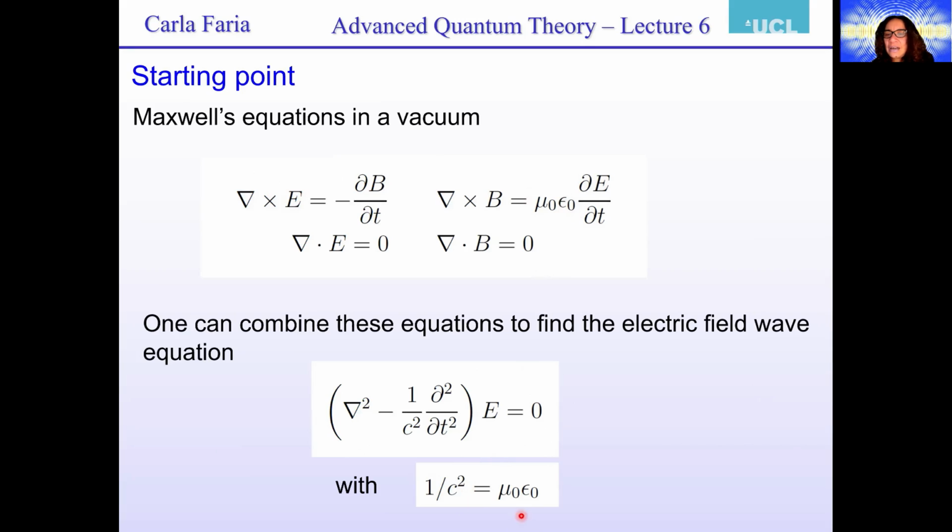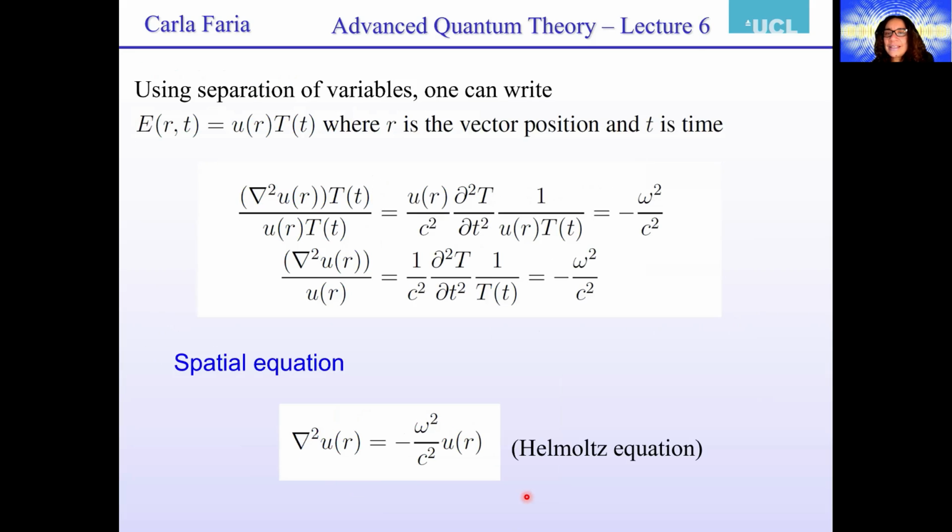So these are constants associated with the vacuum, the electric constants, etc. And we can solve that equation using separation of variables. So we can suppose that this E(r,t), here we didn't put the r vector on top, but bear in mind that this is the position vector.